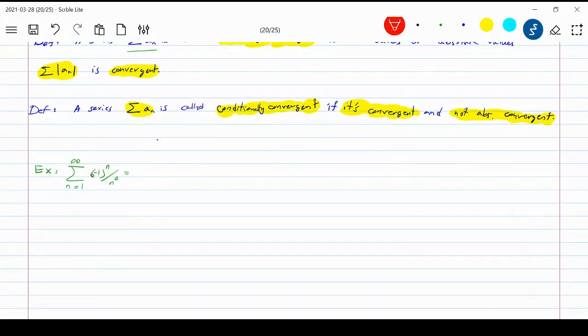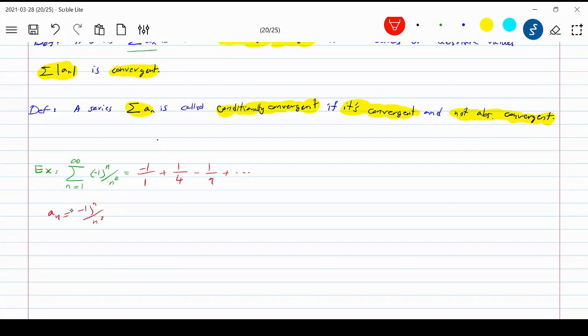So here's the first example: summation of n from 1 to infinity of negative 1 to the power n divided by n squared. As you remember, this is an alternating series where the terms are negative 1 divided by 1, plus 1 divided by 4, minus 1 divided by 9, and so on. And a_n in this case is negative 1 to the power n divided by n squared.